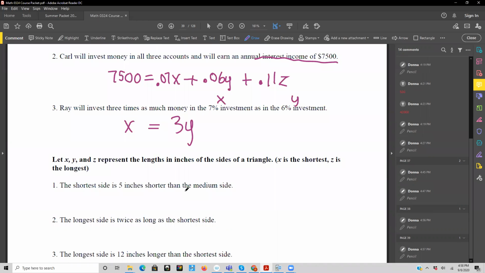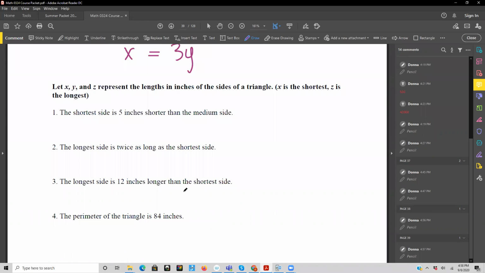All right, let X, Y, and Z represent the lengths of the sides of a triangle. X is the shortest, Z is the longest, okay? So the shortest side, that would be X, is 5 inches shorter than the medium side, which we call Y, right? So the word "is" is a good indicator for equals.